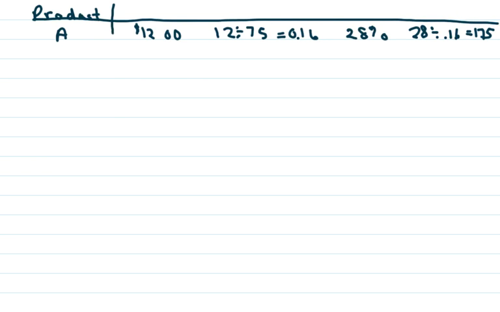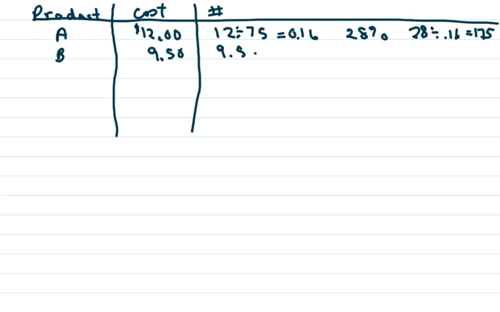Then we have product B, and the cost per bottle is $9.50. The cost per pill is 9.5 divided by 50, which equals 0.19.